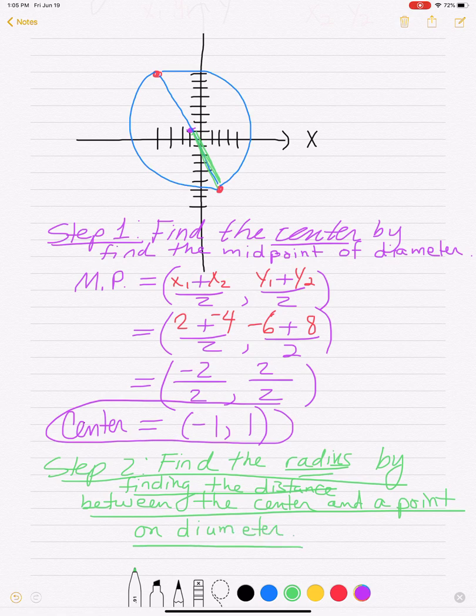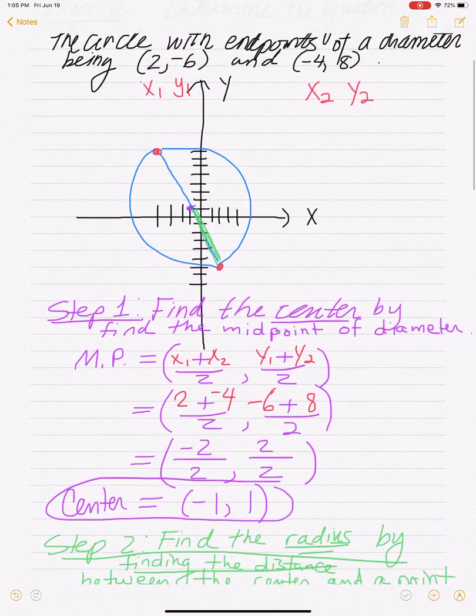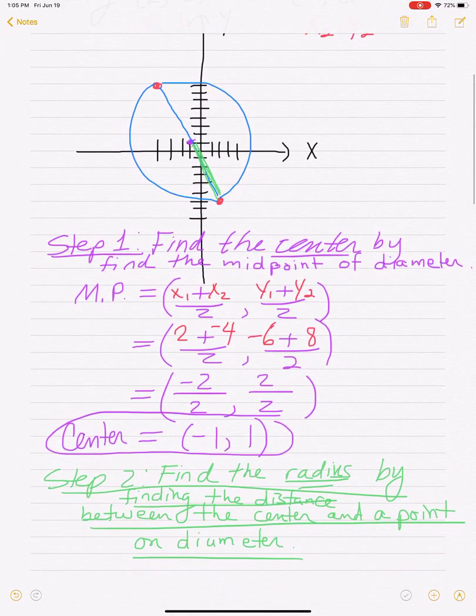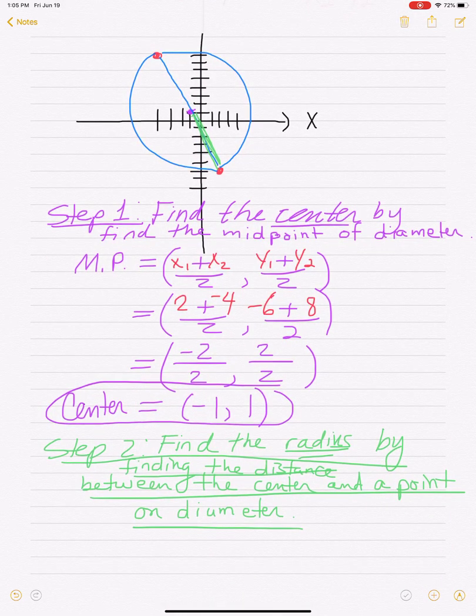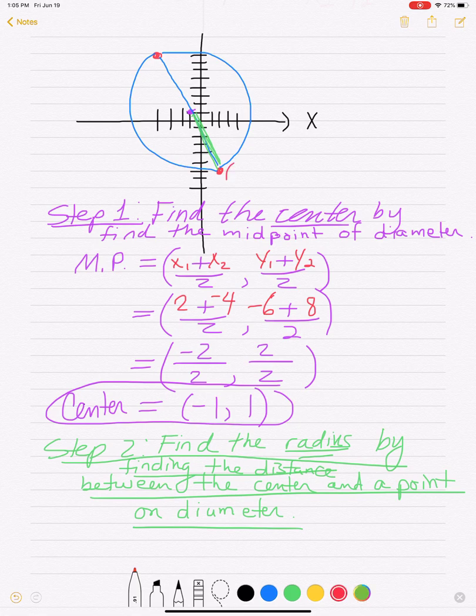All right, so we know the center right now is negative 1, comma 1. And then this other red point, what was that? Let's go up. This one down here on the right is negative 2, comma 6. So I've got 2 points here.